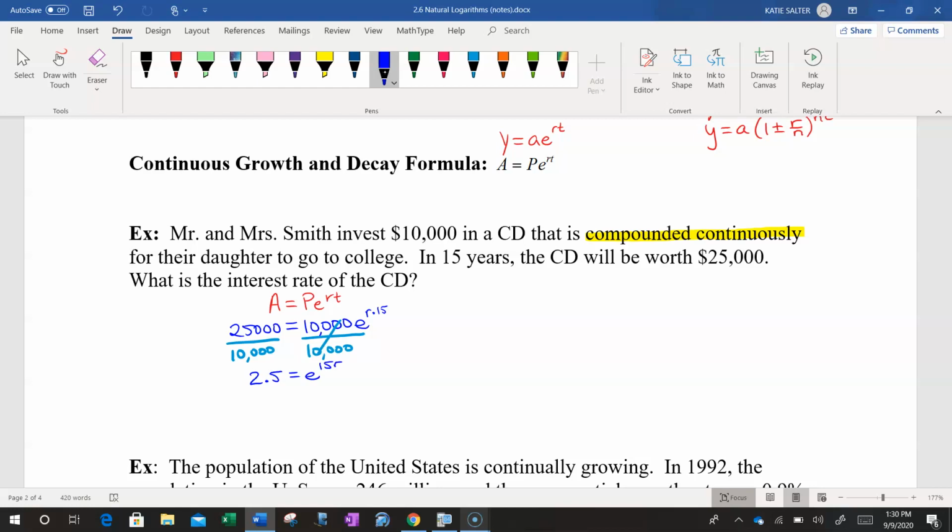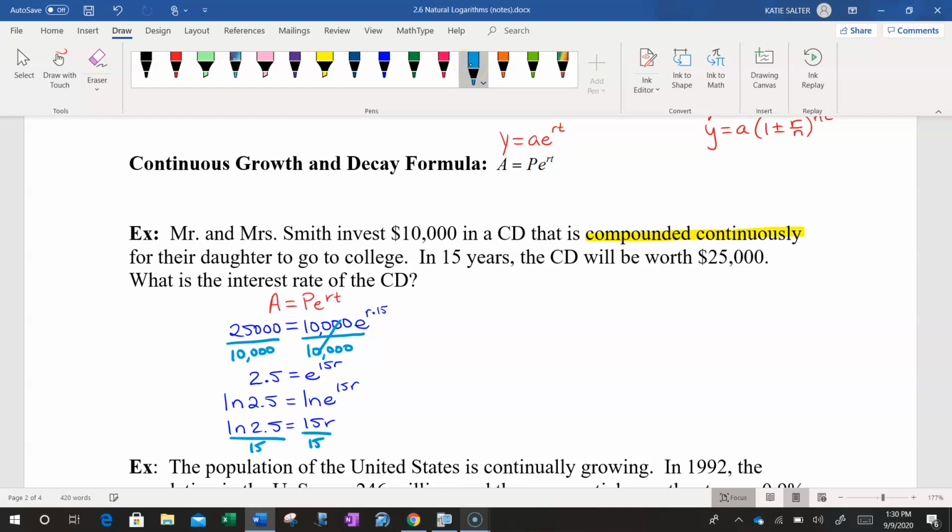Now that we've got that base of e by itself, we can take the natural log of each side. So the natural log of 2.5 is equal to the natural log of e to the 15r. The natural log and e undo each other, so that's just the natural log of 2.5 is equal to 15r. And then last but not least, we would divide each side by 15 to get that rate by itself.